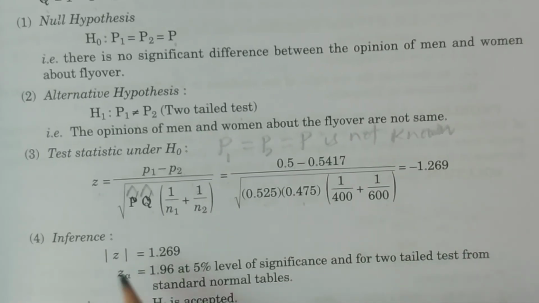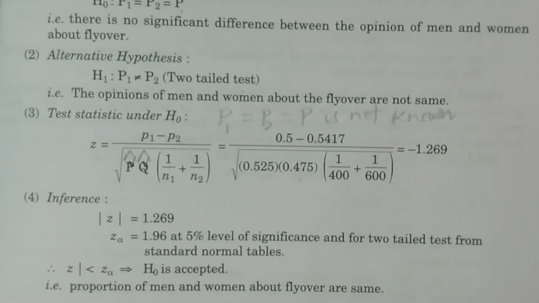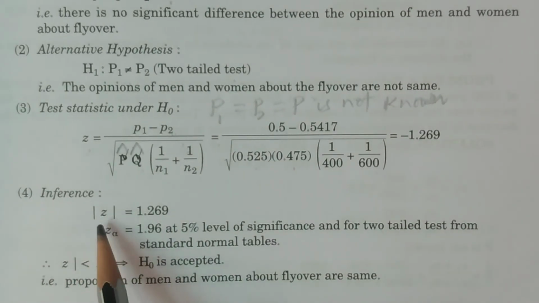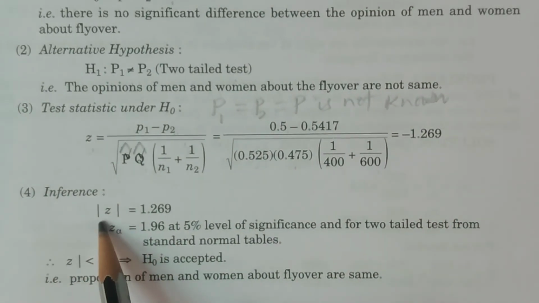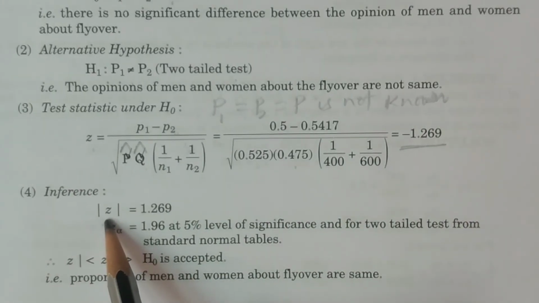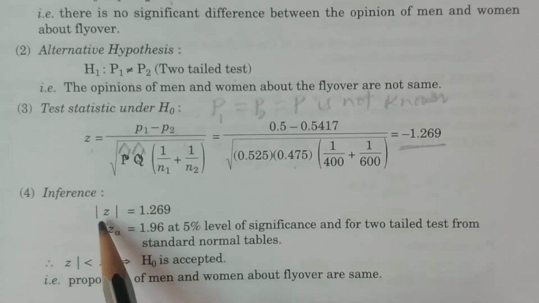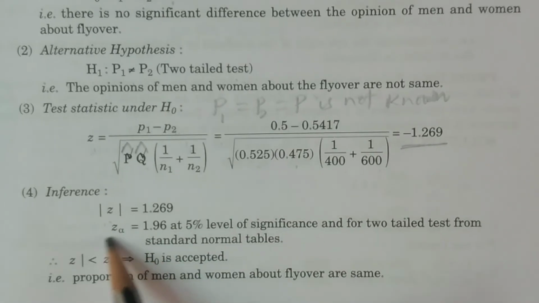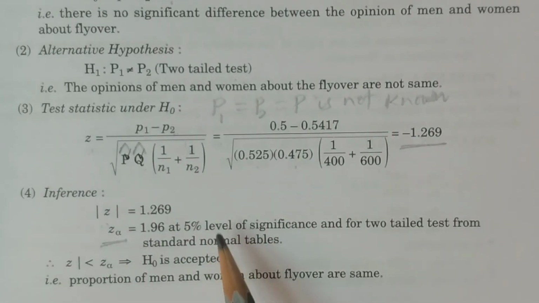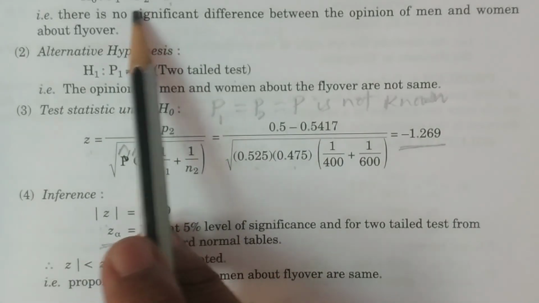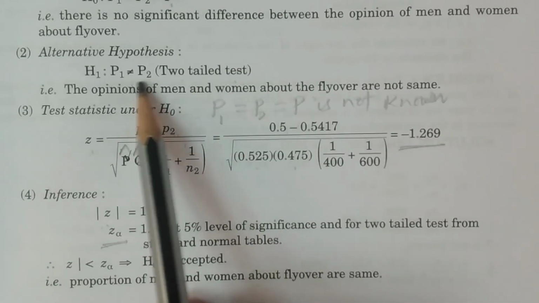And then comparison and conclusion, or simply inference. The first one is modulus of Z. Here it is a negative value, minus 1.269. Calculating the modulus, modulus of Z is equal to 1.269. And Z alpha, the tabulated or significant value, at 5% level of significance. Refer to the alternative: the alternative is not equal to, so it is a two-tailed test.